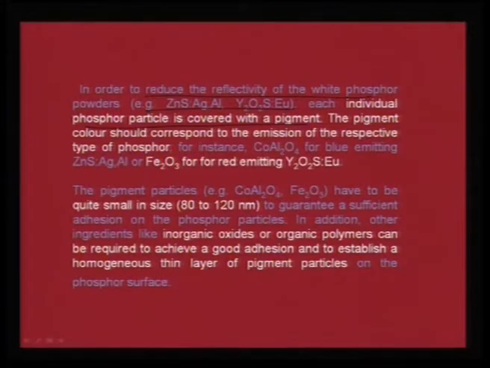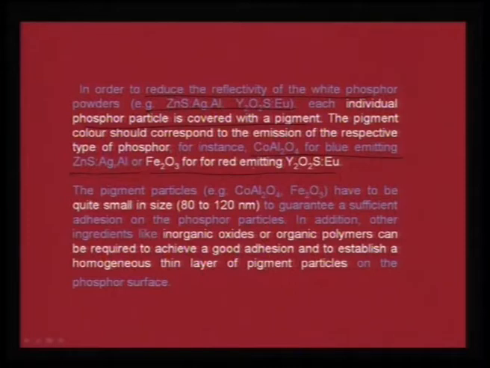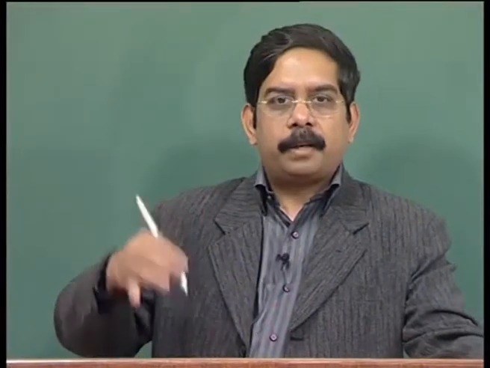For example, cobalt aluminate is a good pigment for blue emitting zinc sulphide, which is doped with silver and aluminum. Similarly, you can use iron oxide, it could be alpha iron oxide powder, which is used to control the reflectivity as far as the red emitting yttria compounds are concerned. So, each of these phosphors has to be controlled in order to combat the daylight reflectivity.